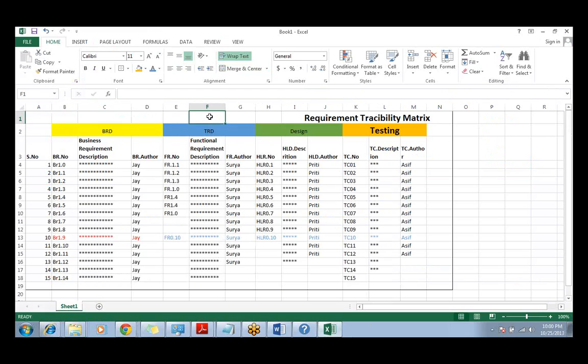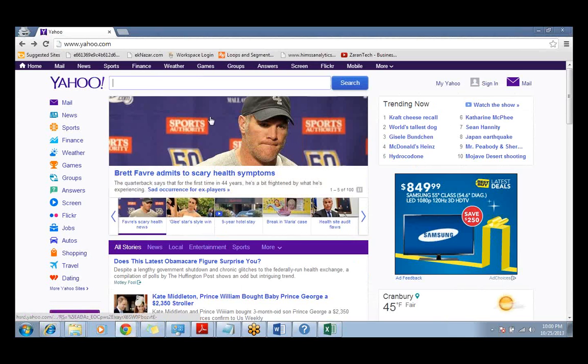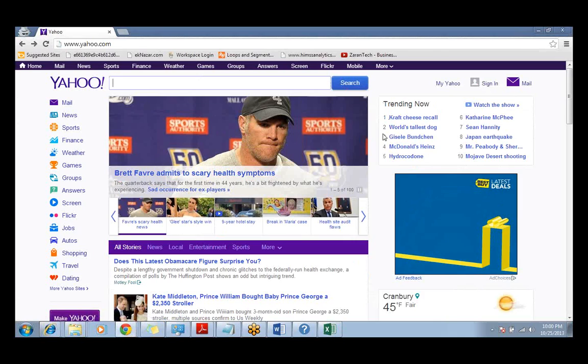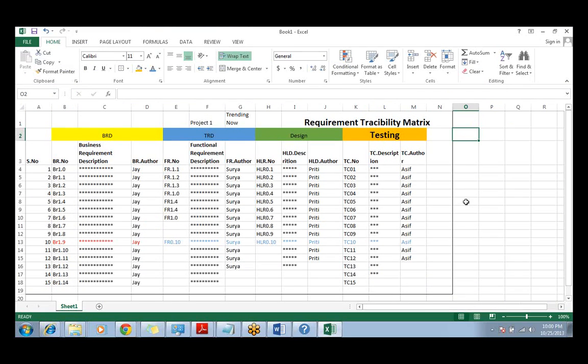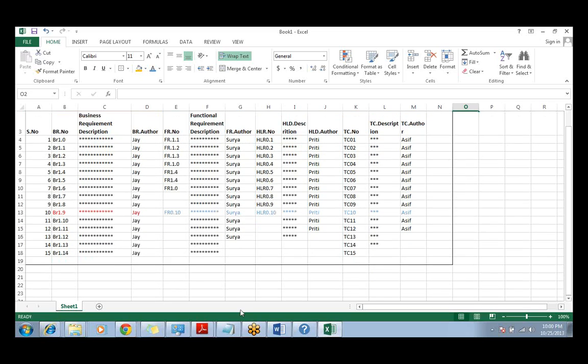Now this is project 1. Project 1 for Yahoo trending now. This is one project. When you are doing another project, this is project 2.